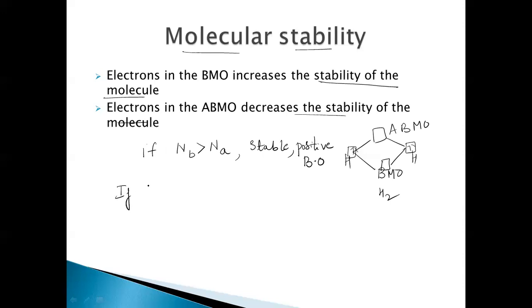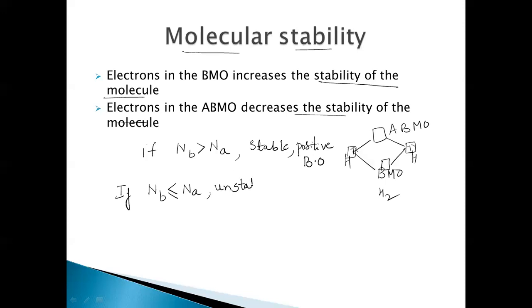If the number of electrons in the bonding molecular orbital is less than or equal to the number of electrons in the anti-bonding molecular orbital, then it will be unstable, definitely unstable.